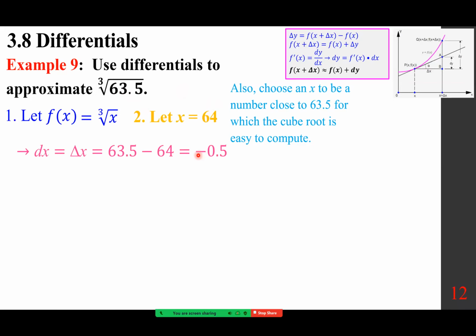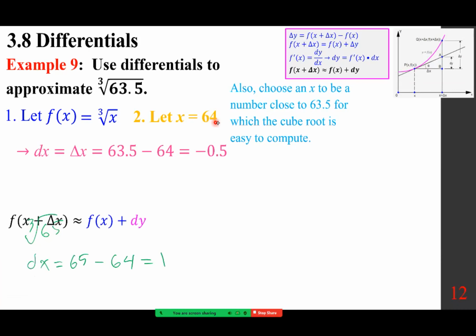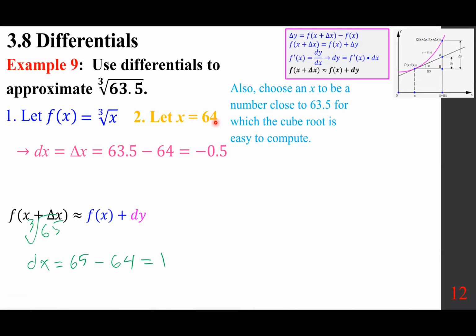For example, if I said what is cube root of 65, I want to discuss the dx. dx would be 65 minus 64, which is positive 1, meaning we may not know what this is, but it has to be larger than cube root of 64, which is 4. That's the way it works. So with that being the case, f of x plus delta x is f of x plus dy. So this is the approximation that we are going to use.